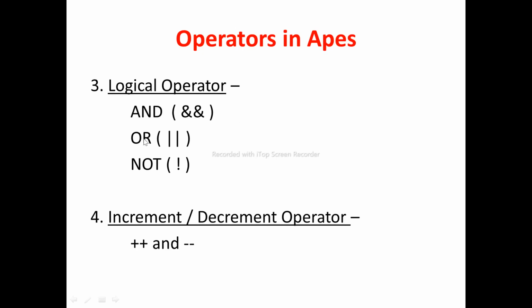Second logical operator is or. It returns true if any condition is satisfied, meaning if only one condition is satisfied, then it returns true. And the last logical operator is not. It will change the sign of the condition result.